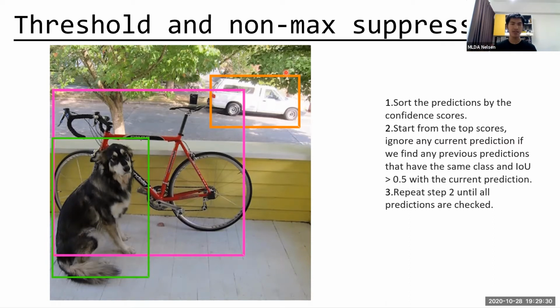So we try to see whether that specific grid has a high probability of that object. We look at the IOU, or the intersection over union. And after that, we check whether there is a higher one. If there's not a higher one with that same class, then we just ignore it. If there is, then we take that one as the newer one. So that's how we do thresholding and non-maximum suppression.